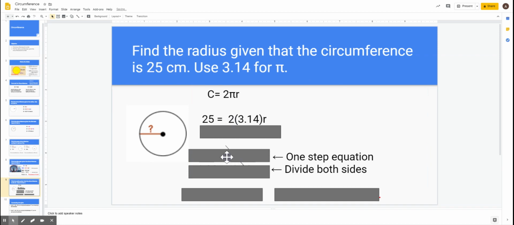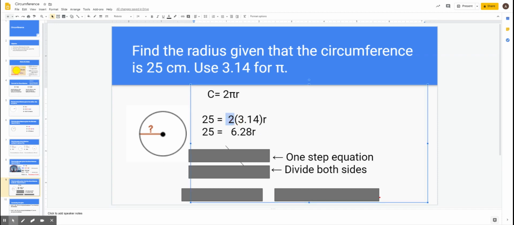Alright, so we're going to start substituting. So c is 25. 2 just drops down. Pi, we're plugging in 3.14. And r just drops down. And now we can actually multiply this 2 times 3.14 to get 6.28.